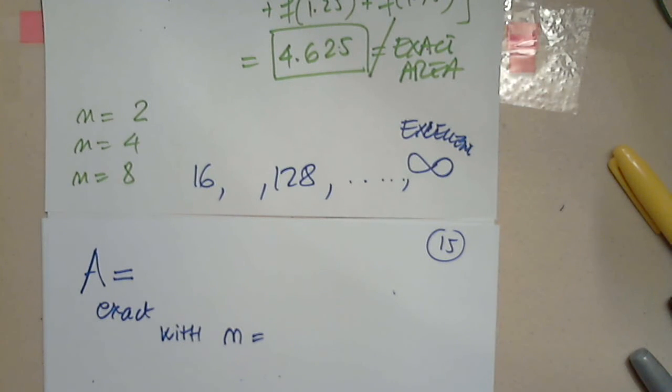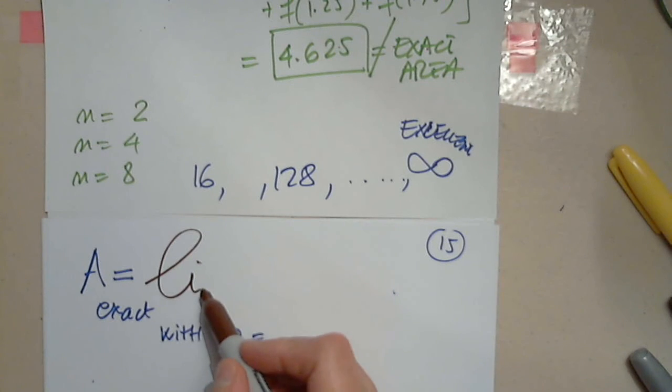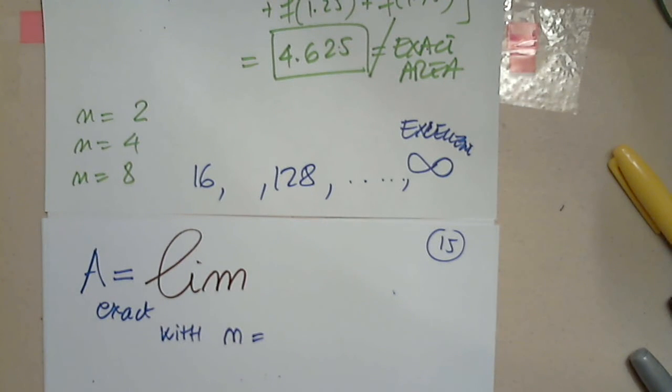Limit? Thank you very much. You thought you would get away from it? The limit. As the number of subintervals approaches, you already told me what will please you then? Infinity. Exactly.